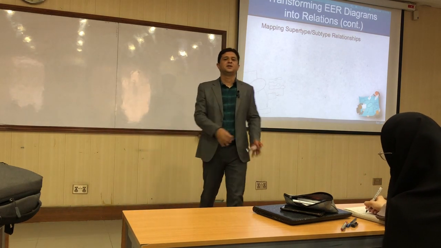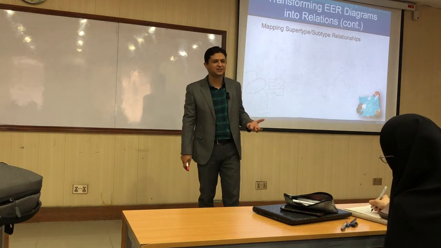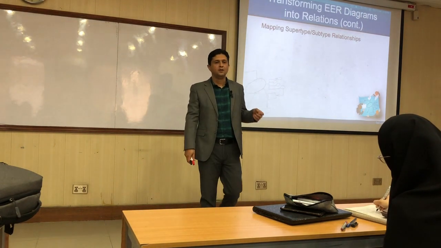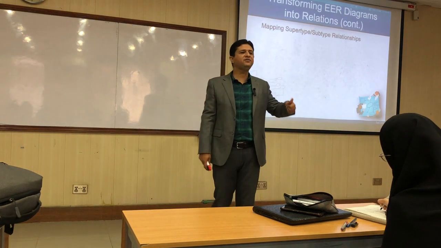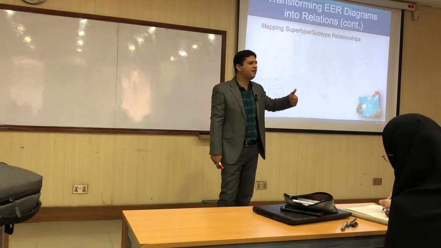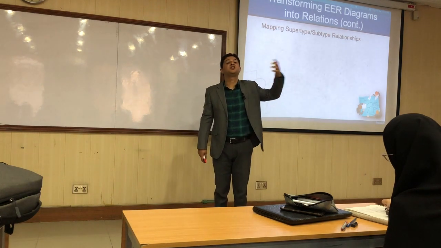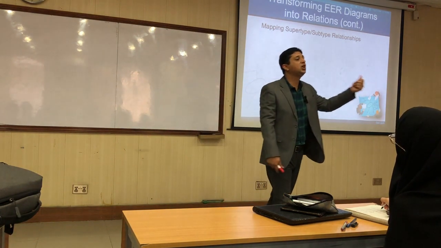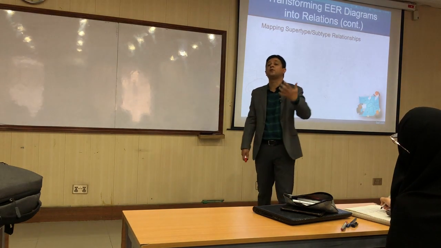We have a base and a derived class in object-oriented programming, but there we have the mechanism of having an inheritance relationship, right? We can declare an inheritance relationship in object-oriented programming.